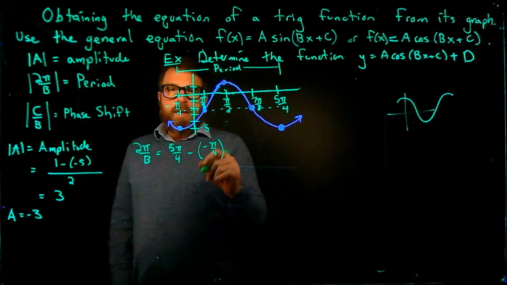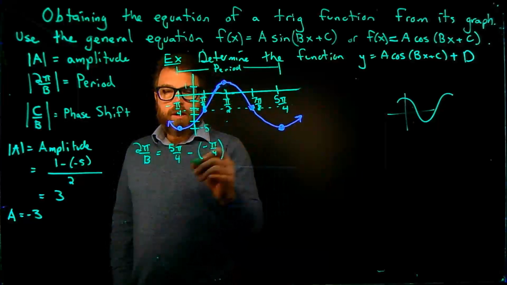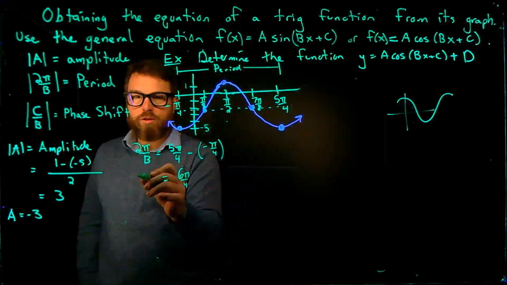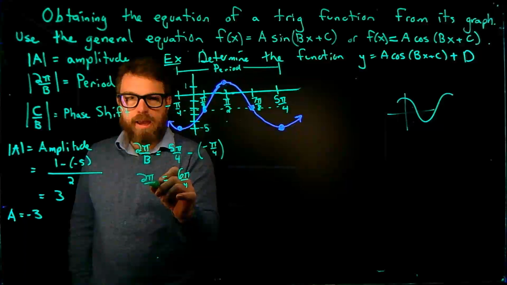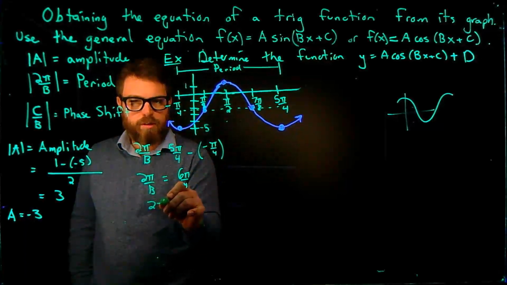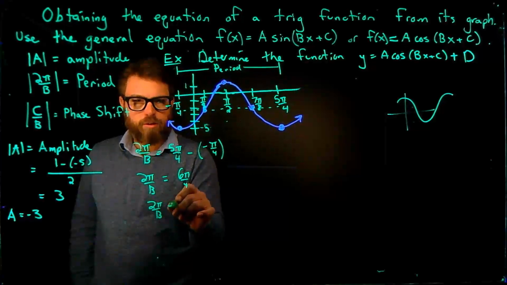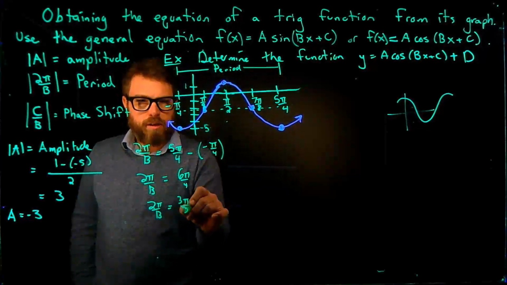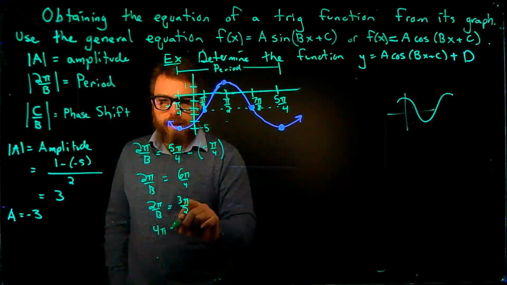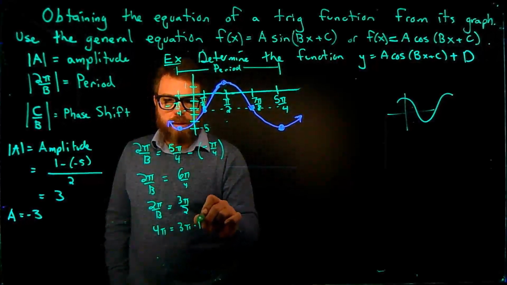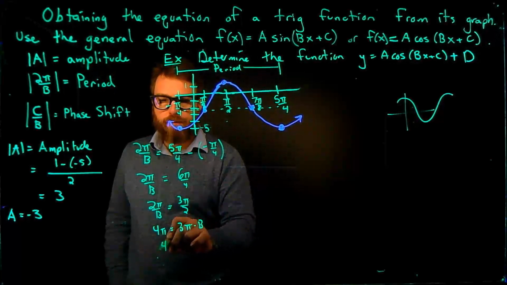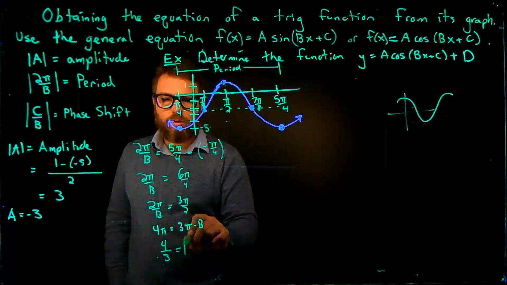So what we're going to get is 6 pi over 4, which is equal to 2 pi over b, and this simplifies to 6 pi over 2, so 3 pi over 2. Multiplying both sides by 2, 4 pi is equal to 3 pi times b. Dividing both sides by 3 pi, I can see that 4 over 3 is going to be equal to our b.